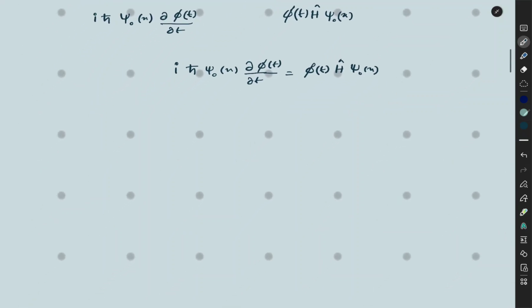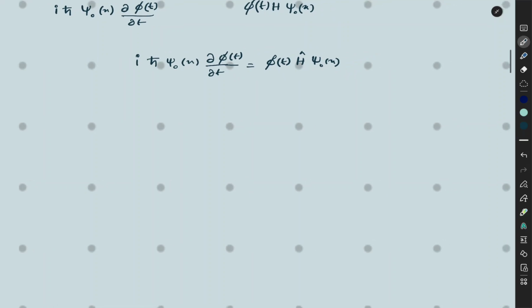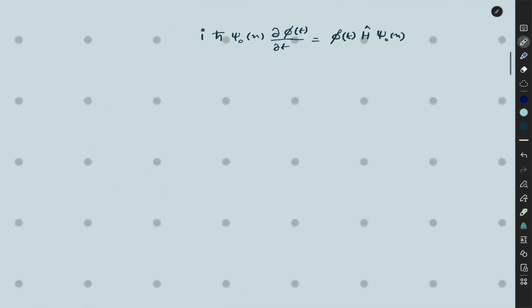So now here comes the separation step. What we are going to do is the crux of this entire derivation. We are going to divide the entire equation by the two separate functions that we have assumed. So we have assumed that psi of x comma t equals psi naught of x and phi of t.